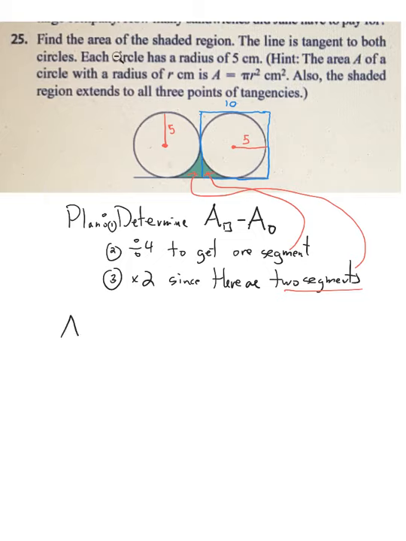So, the area of the square minus the area of the circle. Well, there are formulas for these. The area of a square is, of course, just the side length squared. And the area of the circle is going to be pi times r, in this case 5, squared.